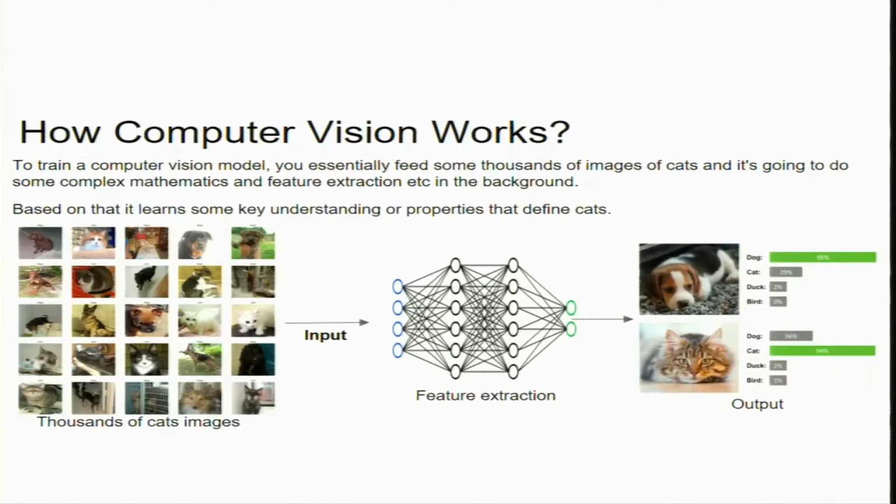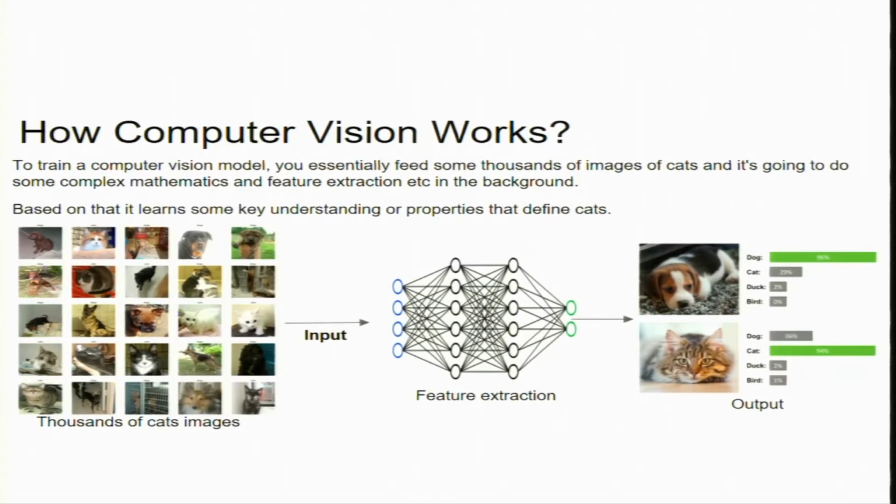Take this example: you have a rich data set of thousands of images of a particular object, a cat or animal, and these many images of a cat will be fed to a machine learning model that runs the computer vision algorithm.